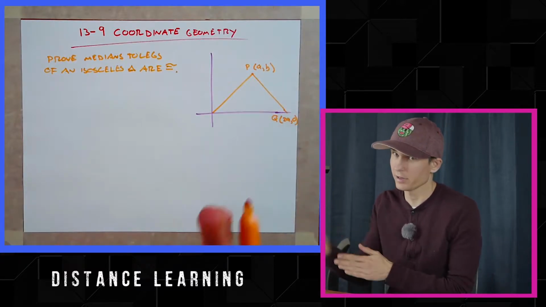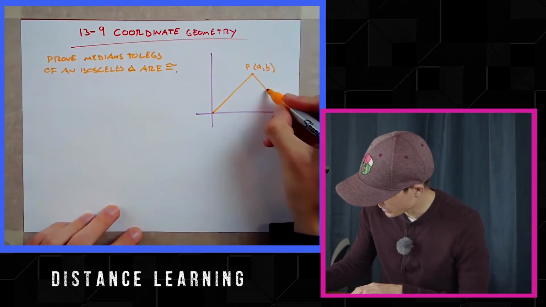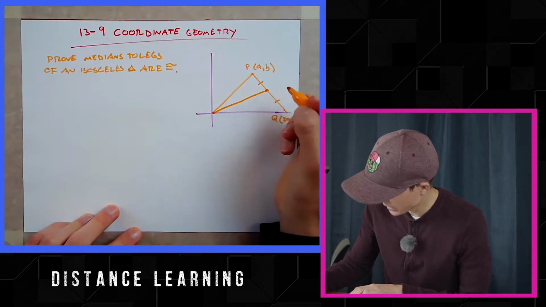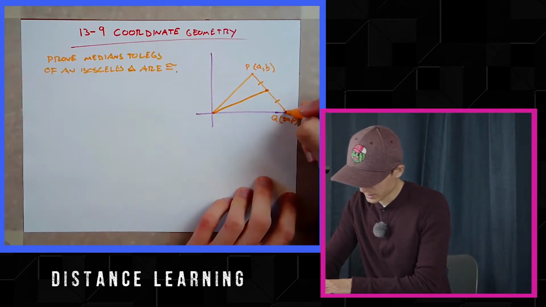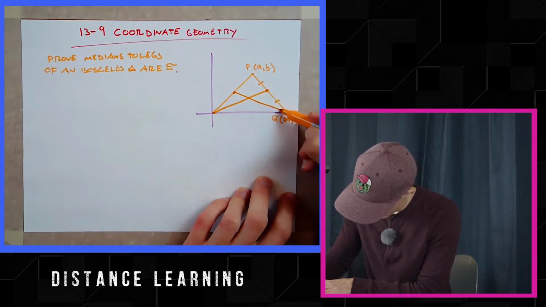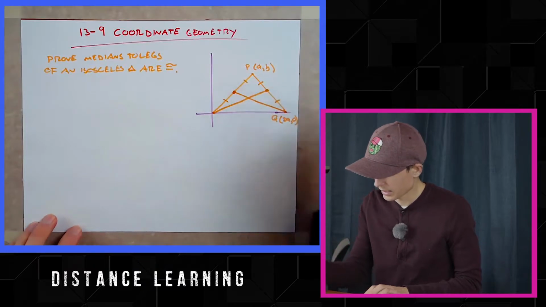It doesn't necessarily go at 90 degrees perpendicular. It just means it starts here, and it's going to cut this other side in half. This one is going to go to that midpoint. I may not have drawn that the best, but you get the idea. This side is cut in half.